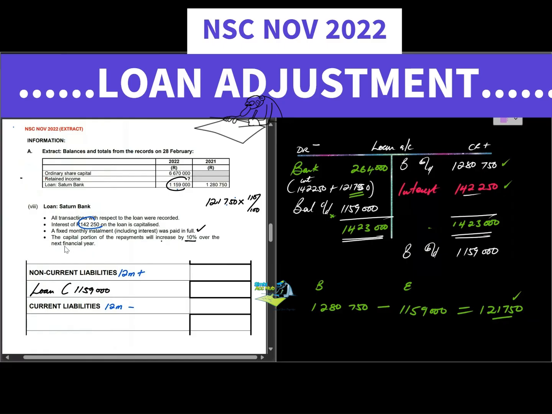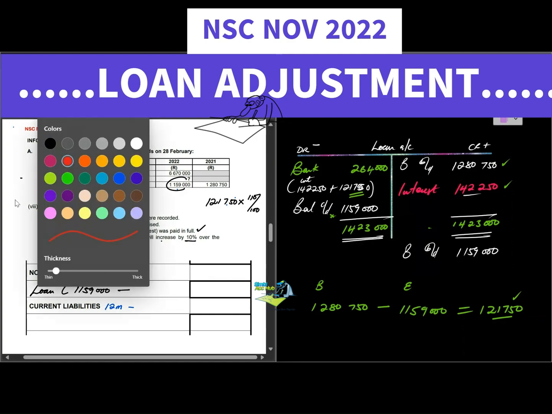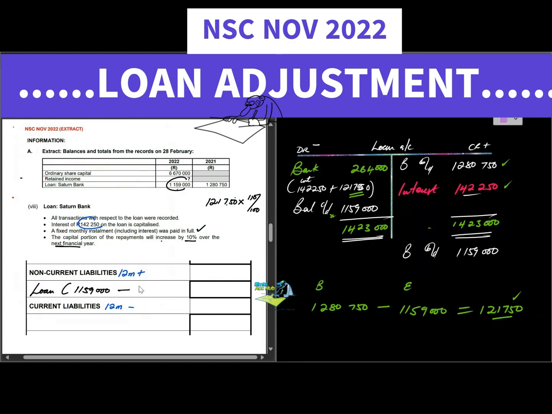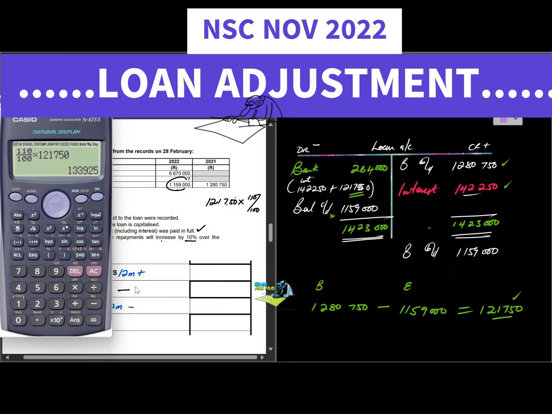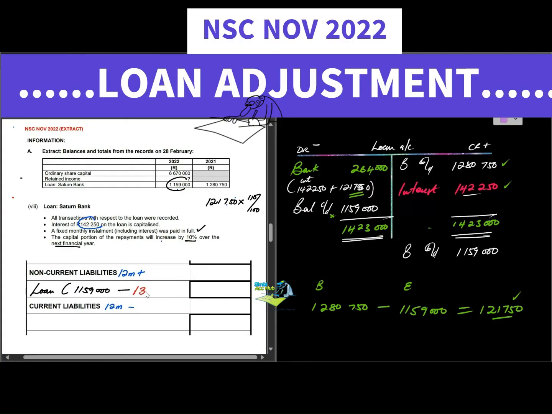But this is for the next financial year. So I'll come in and say minus. Once we talk of the next financial year, we're talking current portion of loan. And we know that our current portion of loan, we have calculated it, and it is 133,925. So I'll say minus 133,925.